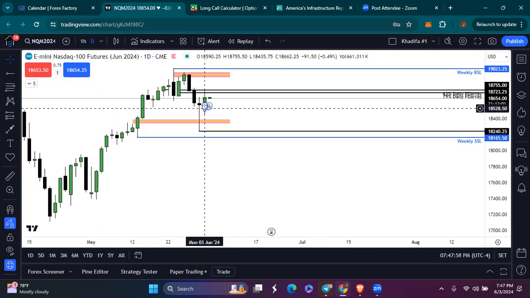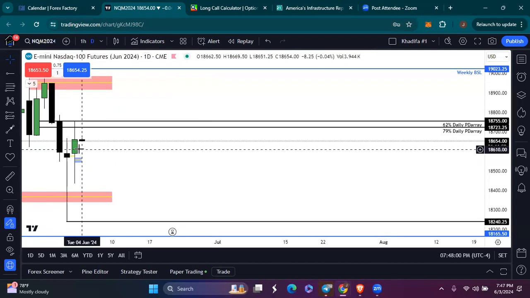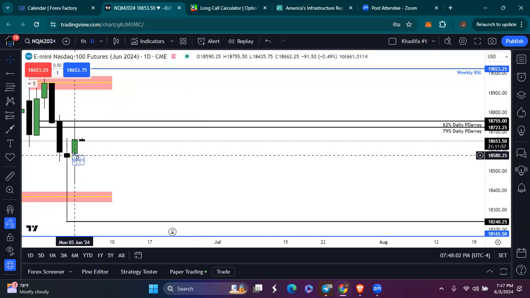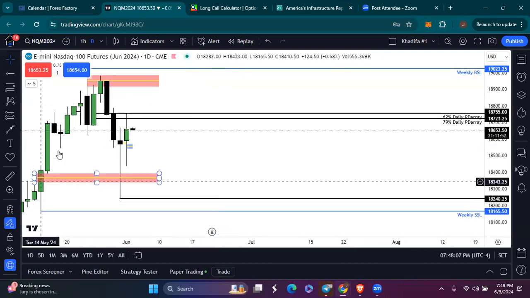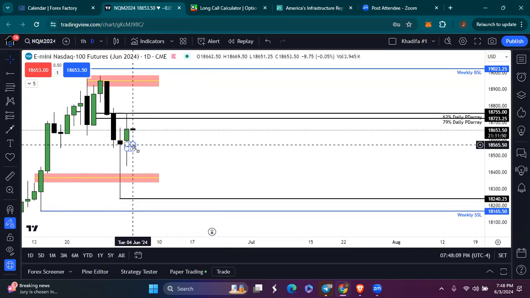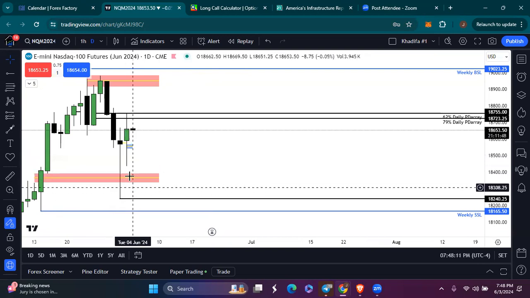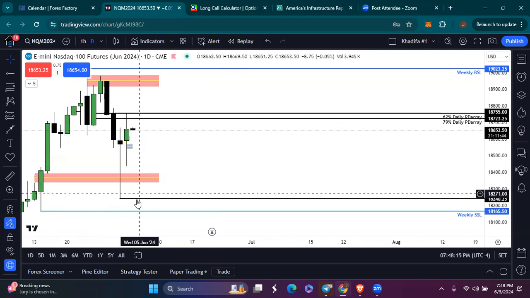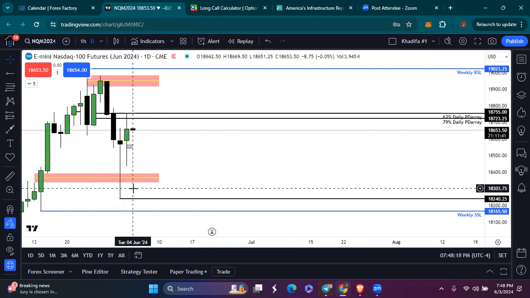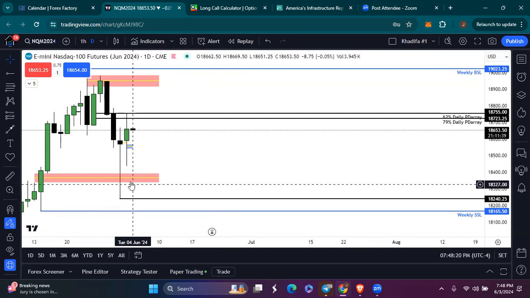If we do break and close below today's opening, then I expect price to come back down into this fair value gap to be delivered efficiently, meaning with volume, no wick, but a body delivered through there efficiently.